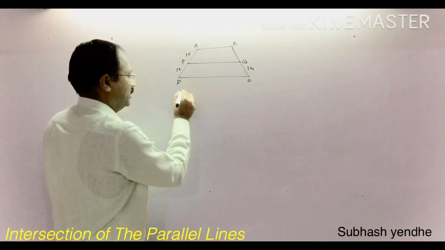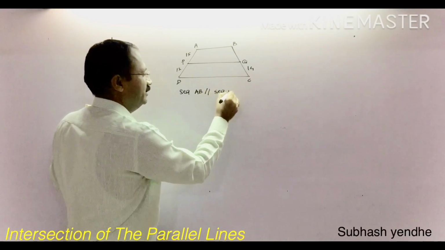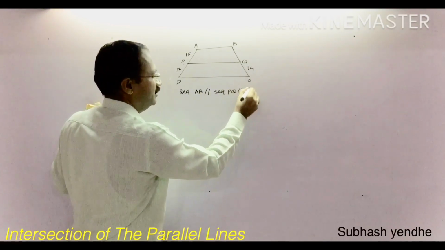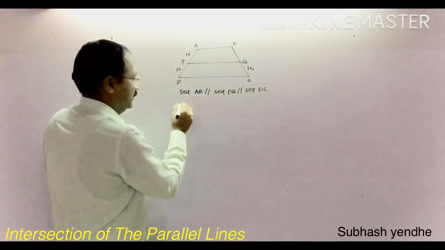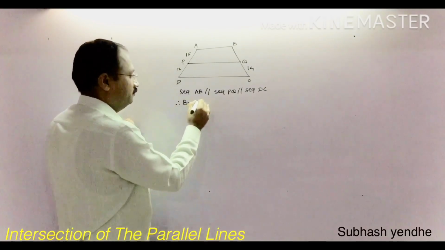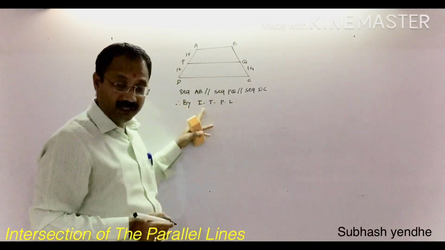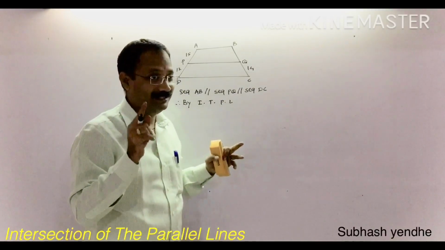So first you have to write it. Segment AB is parallel to segment PQ, which is parallel to segment DC. Therefore, by intersection of three parallel lines. I have written the shortcut here, but don't write the shortcut in the exam.